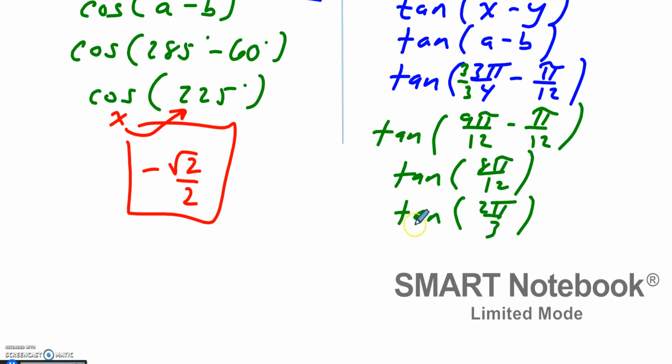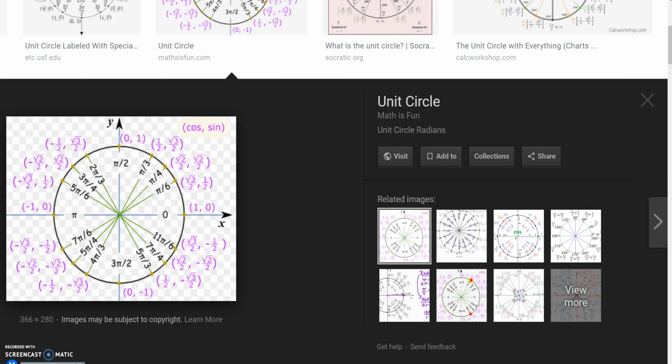So we're trying to find the tangent value, or y over x, at 2 pi over 3. If I go back to my unit circle, 2 pi over 3 is in the second quadrant. If I take root 3 over 2 and divide it by negative 1/2, that is going to be root 3. Some of you might remember from semester 1 that we have root 3 over 3, 1, root 3.